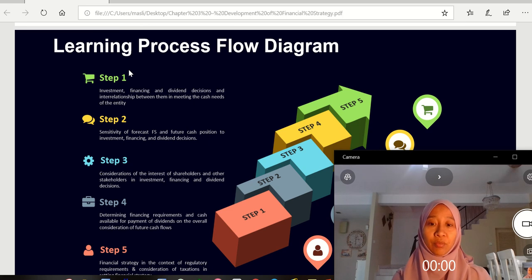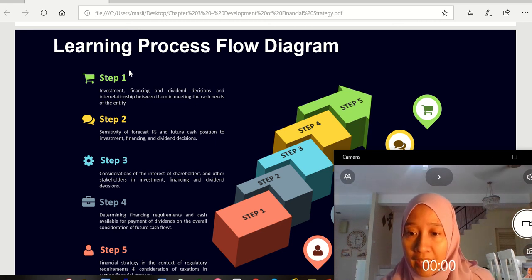So the amount of interest will reduce the amount of net profit, so lesser dividends go to the shareholders. These are the interrelations that you have to consider in order to make the best decisions for the company. We will look into other chapters later on.